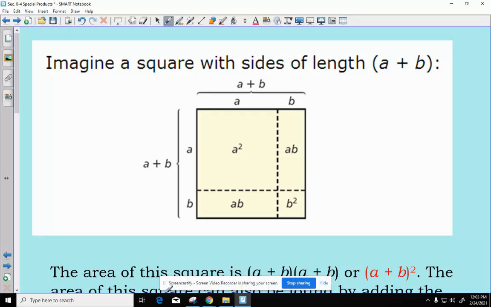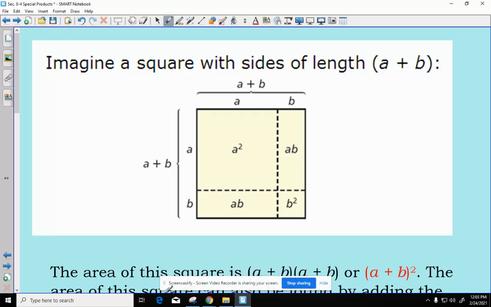When my sides could be thought of as (a plus b) squared, that's really created by having two identical things, a plus b and a plus b, being multiplied together. That will produce, when I FOIL, that picture that I see on the board over there.